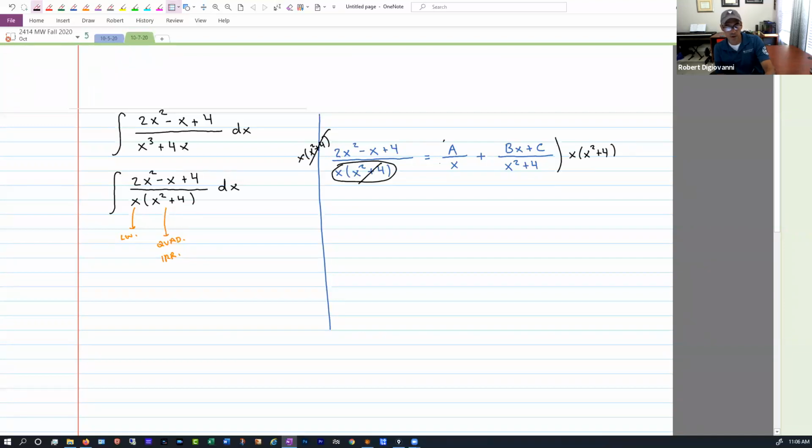This part is just algebra, but maybe it's been a while since you've done it. We're just clearing things out. So when I multiply here, the x's cancel, the A stays, the x squared plus 4 stays. And then on the other side, the Bx plus C stays, the x squared plus 4 cancels, but we still have an x there.